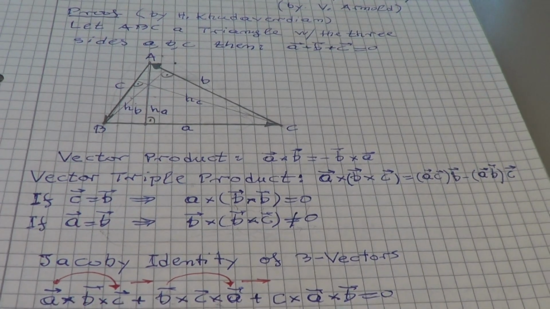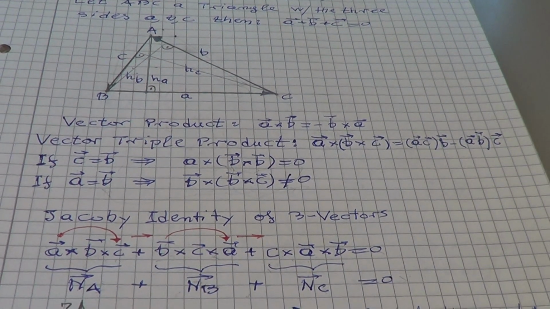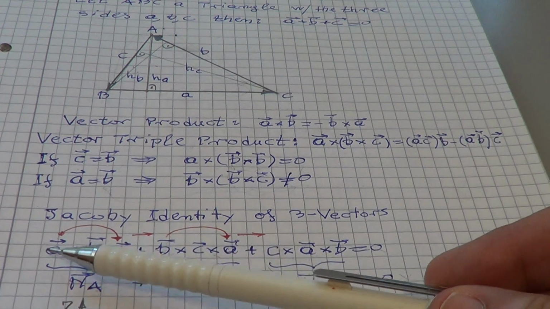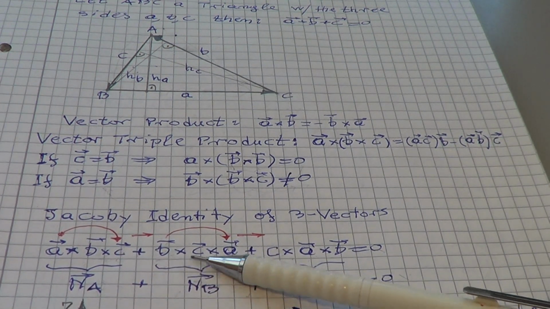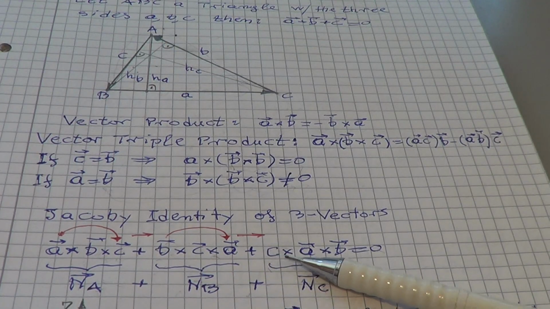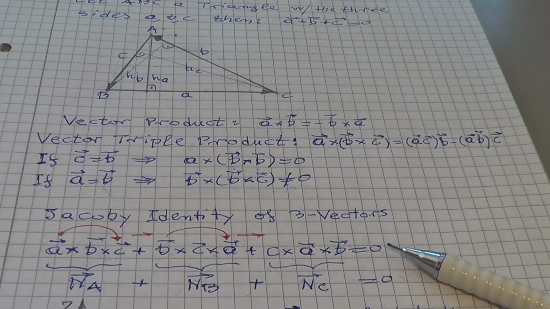The Jacobi identity for three vectors is as follows. A cross B cross C plus B cross C cross A plus C cross A cross B is equal to 0.